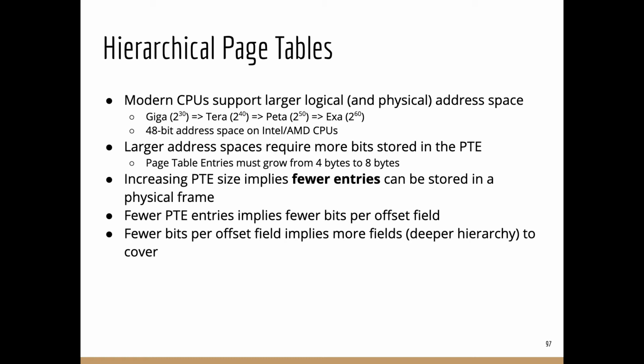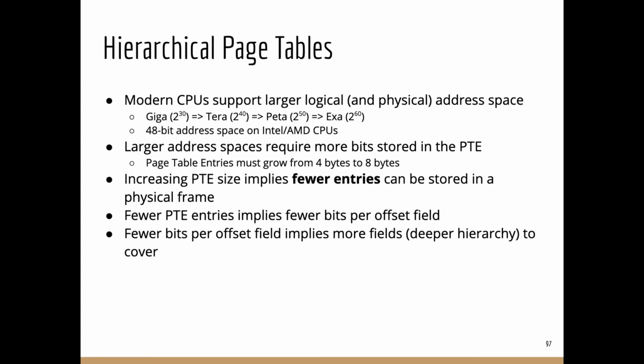How does this CPU design affect the internal OS data structures? With more bits to store in the address, the page table entries do not fit into 4 bytes anymore. So the page table entries expand from 4 bytes to 8 bytes. But also larger entries implies fewer of them can fit into a single memory frame.